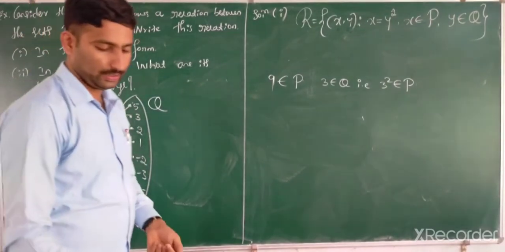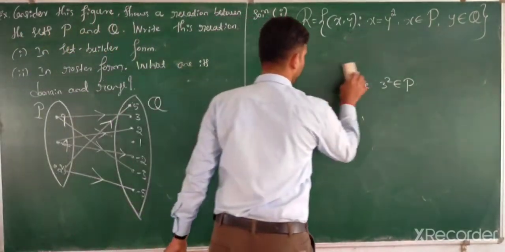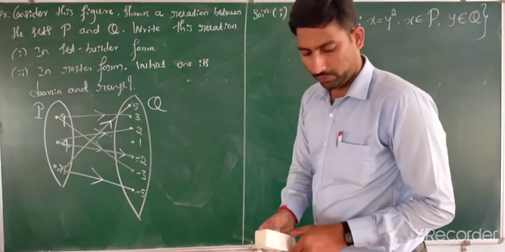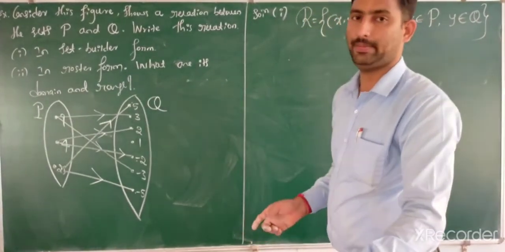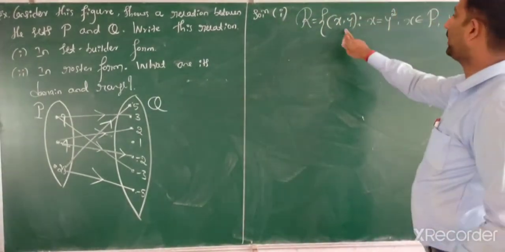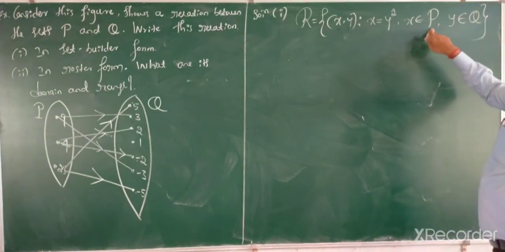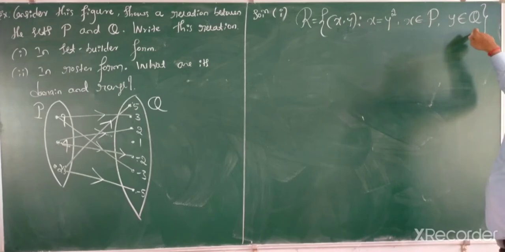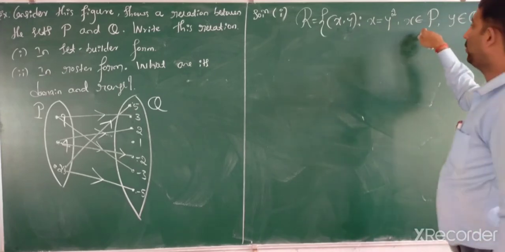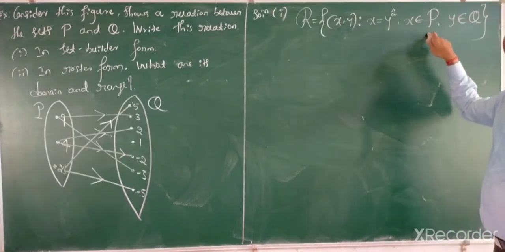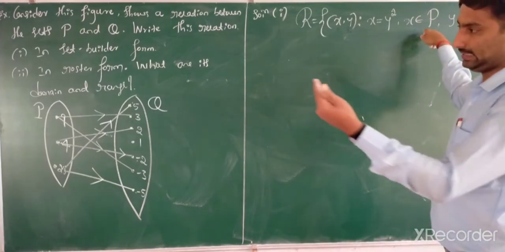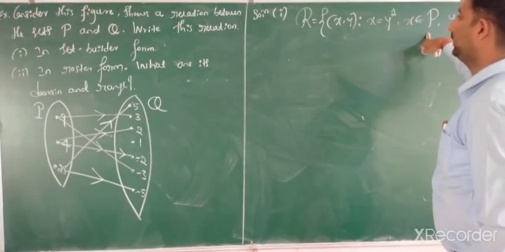This is the set builder form or mathematical form. R is equal to x comma y such that x is equal to y square, x belongs to capital P, y belongs to capital Q. We have to mention the x and y, in which sets, that is P or Q, you have to mention.